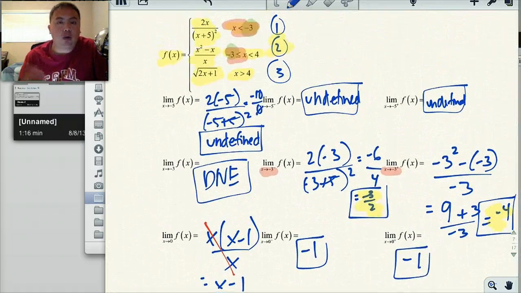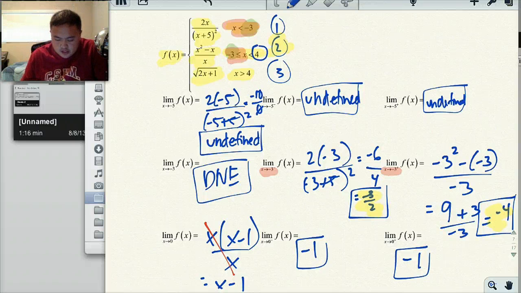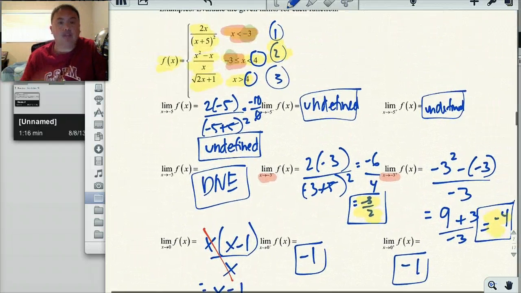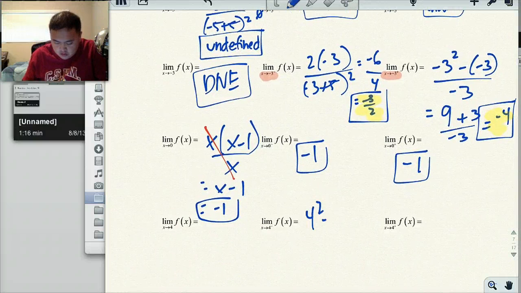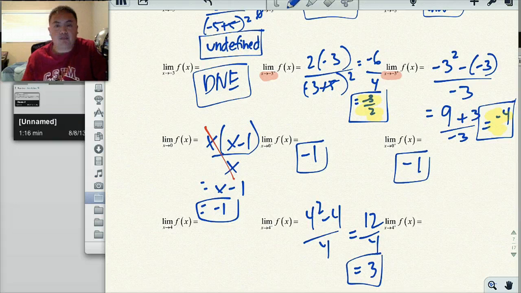Two more. Number 4. You notice that 4 is in 2 functions this time. So again, I'm going to have to plug in the left and the right. I'm going to plug in 4 into function 2 first. 4 squared minus 4 over 4. This one I get 16 minus 4, which is 12 over 4, or I get 3.